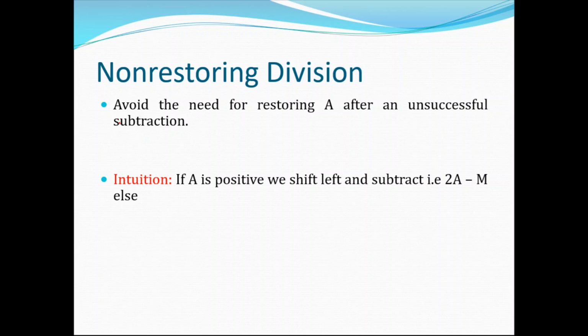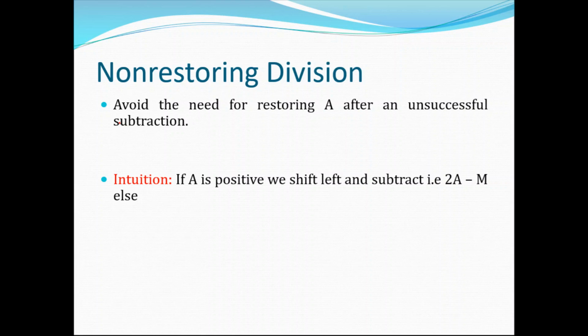Whenever after shifting and subtracting M the result is negative, then we are restoring A by adding M to A. But this restoring can be avoided. Instead of restoring, you can do something else, so that without performing restoring, you can effectively perform the division with a lesser number of steps.